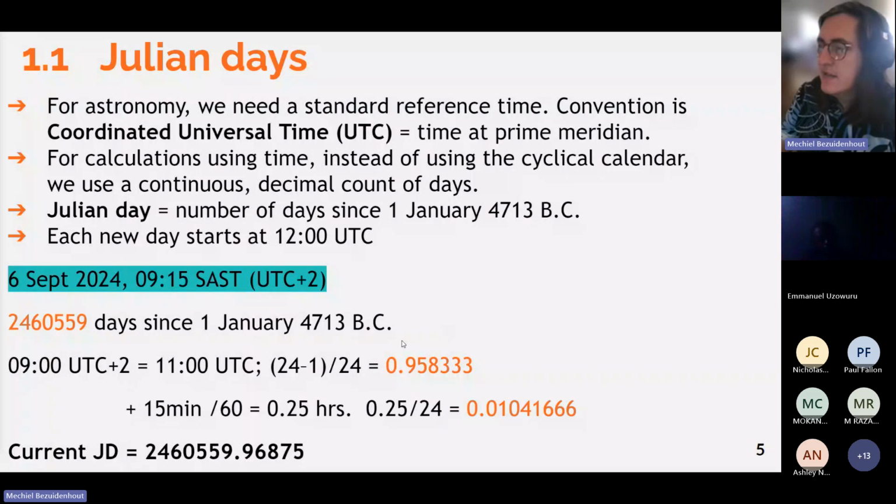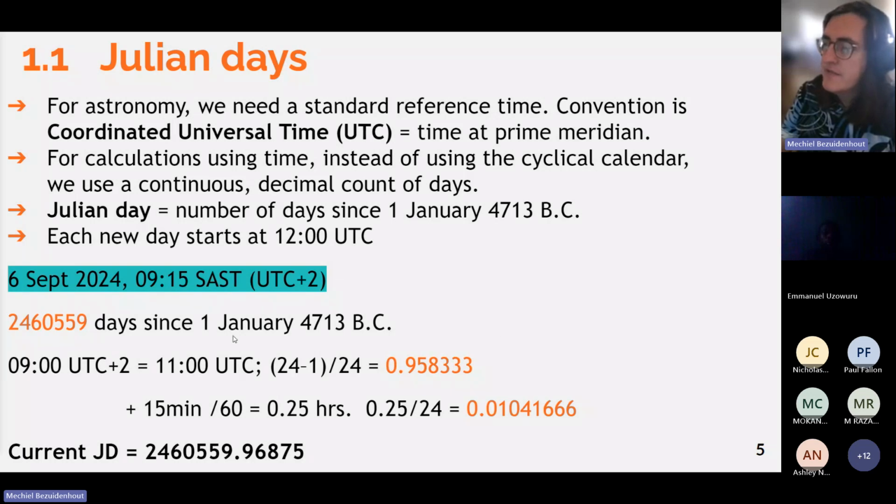So that's the value before the decimal, and then the time, it's 9 UTC, which is UTC +2, which is 11 UTC, which means it's 1 hour before the end of the Julian day. So 24 minus 1 divided by 24, the decimal is 0.9583 repeating.